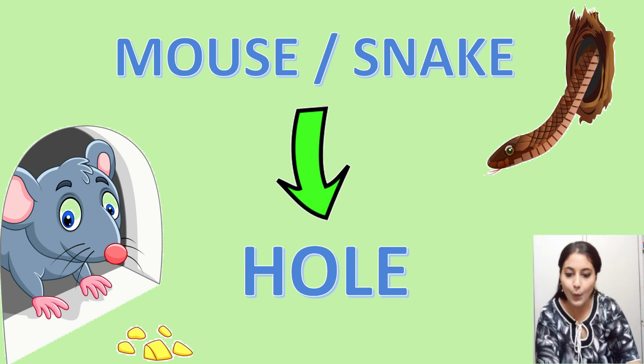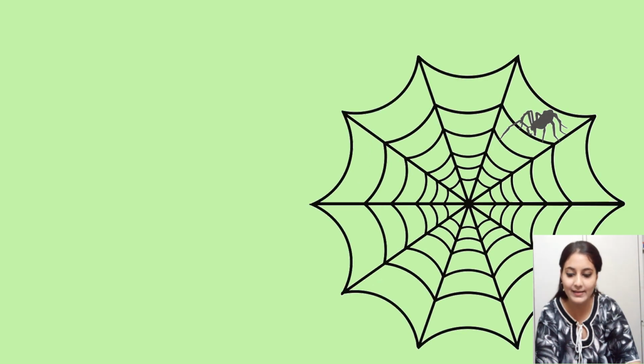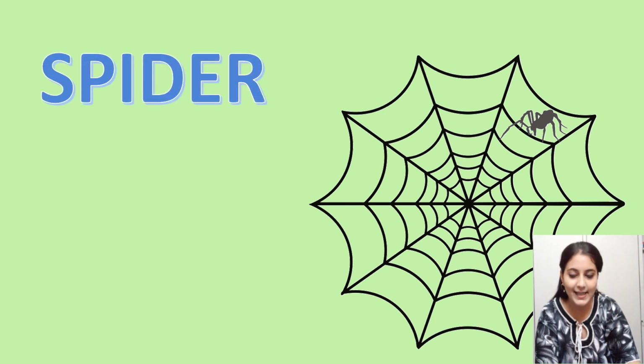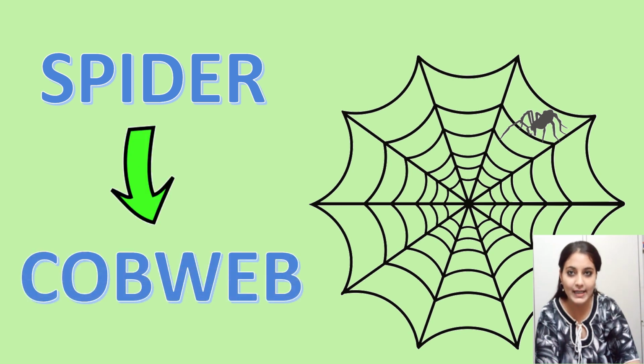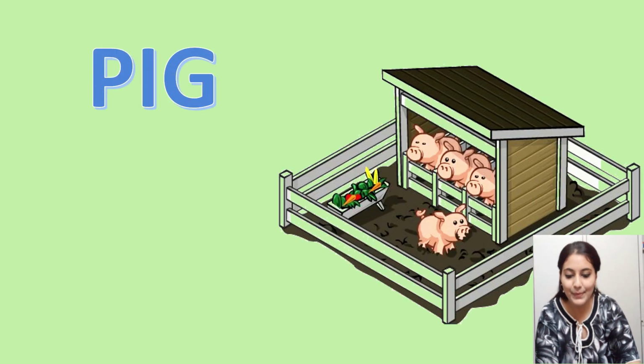And now we are going to talk about the house of the spider. And we all know what a spider weaves. It weaves a web. The spider weaves a web, and its house in English is known as a cobweb. So here we can see cute little piggies.